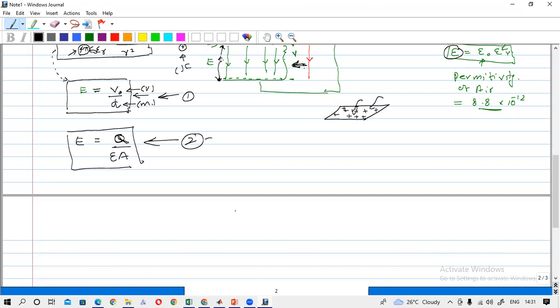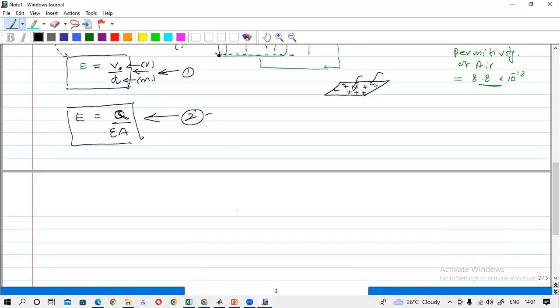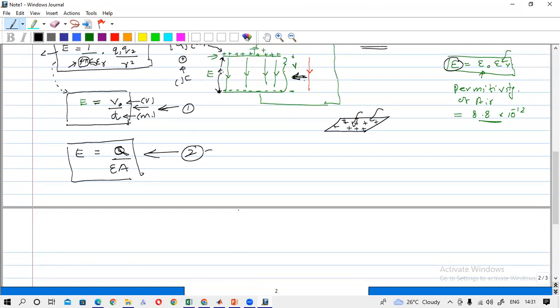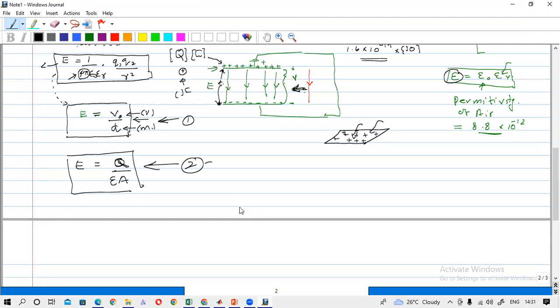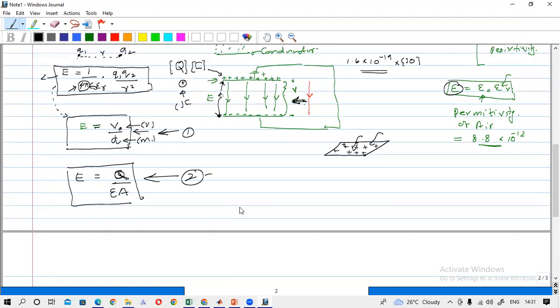Now, this E is the electric field between these two plates. So if I equate these, this E and this E should be the same, no? The E field value should be the same.